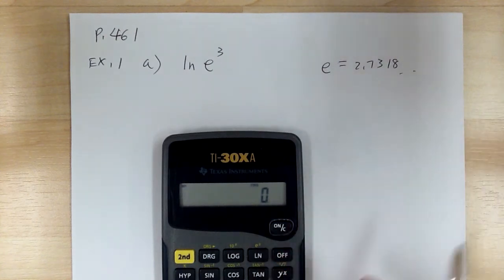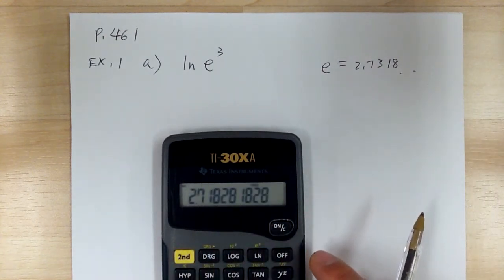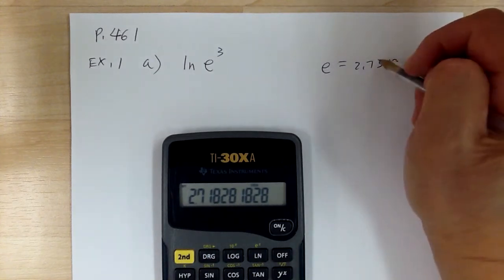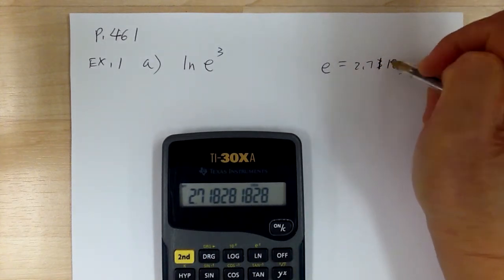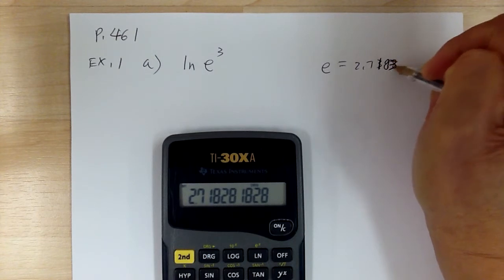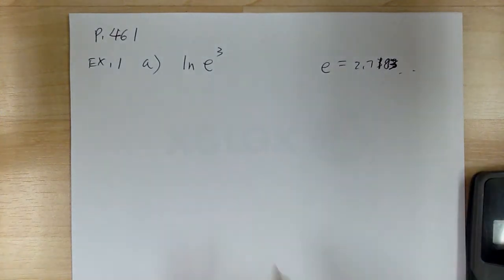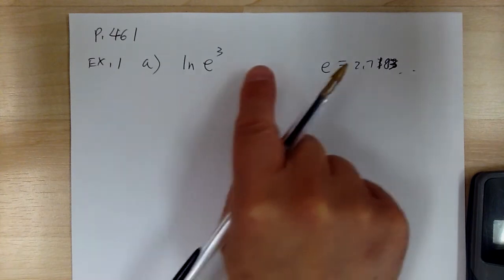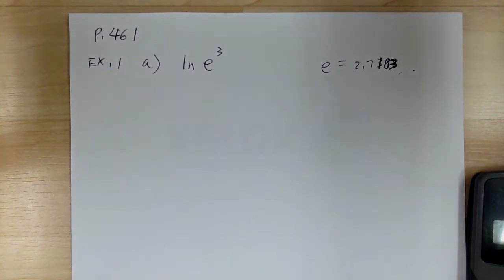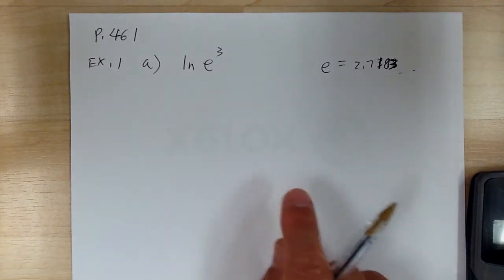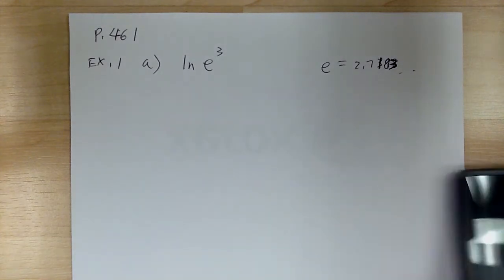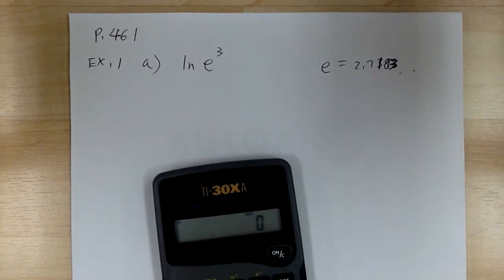Let me double check the e. 2.7183. I'm a little bit dyslexic, so I got it reversed. Okay, so it's 2.7183. Now, when you see log, it is base 10, and when you see ln, it is base e. So all the rules that you learned are the same.